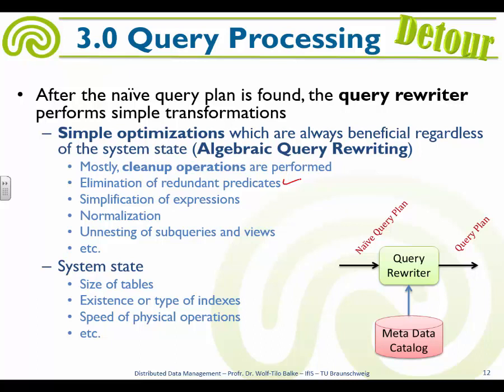And people have found that if you have a relational algebra, you can eliminate some redundant predicates, which turns out in better performance when you do the queries. You simplify some expressions. You do some sort of normalization, basically meaning you take the disjunctive normal form from the conditions that you have, and so on. And I said, we do this regardless of what the system state is.